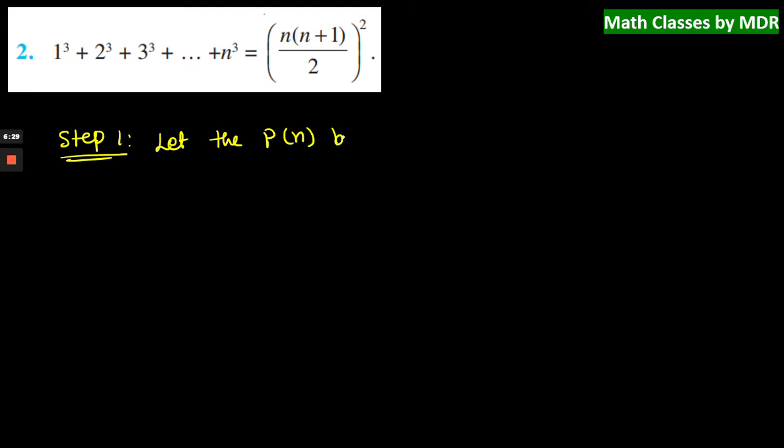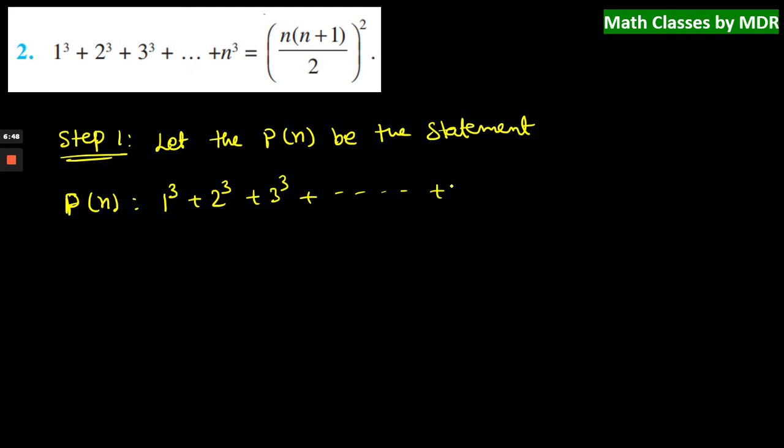Let p of n be the statement: 1 cube plus 2 cube plus 3 cube plus, up to n cube, is equal to n square into n plus 1 whole square by 4.